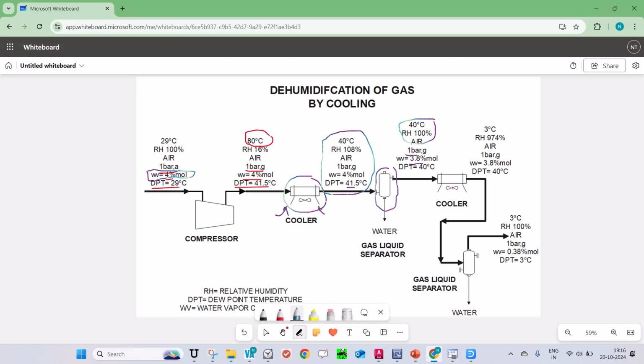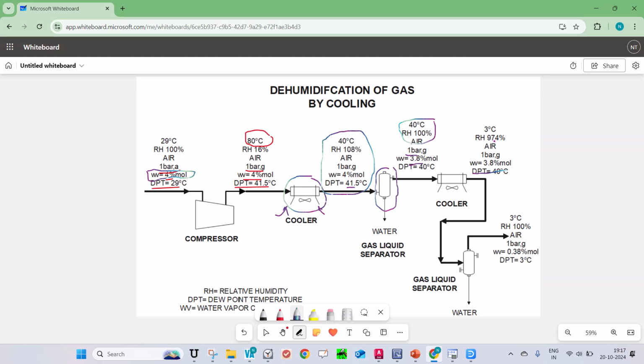We can, let's say, by putting in a chilled water system or a chilled glycol, reduce the temperature of this air further to 3 degrees C. Now, notice that reducing the temperature to 3 degrees C at 1 bar gauge, keeping the moisture concentration the same because there is no removal, relative humidity goes to 974%.